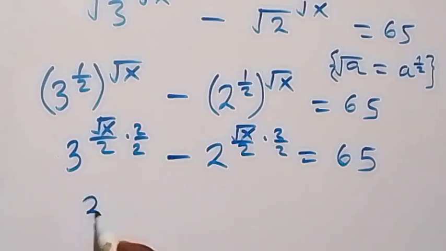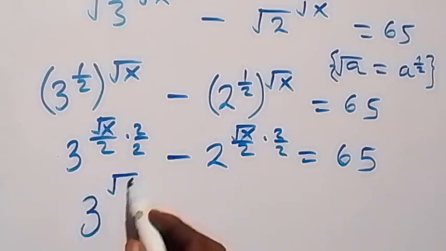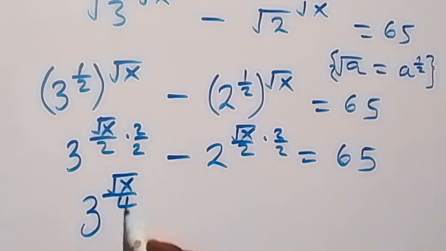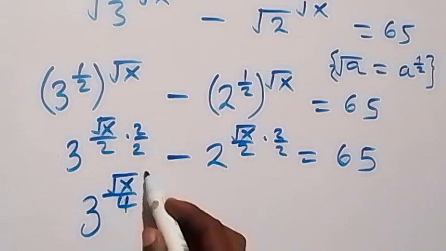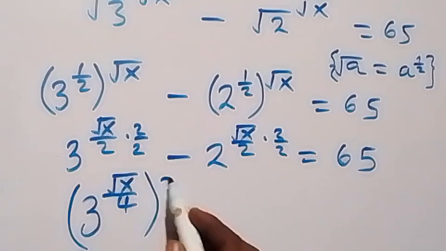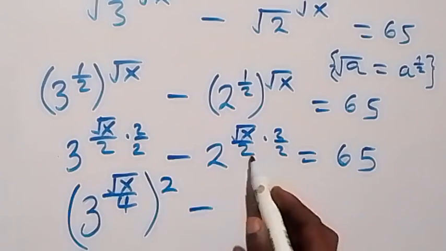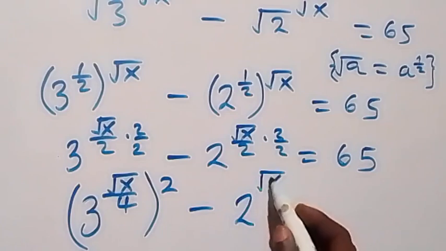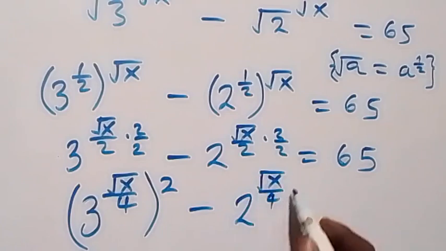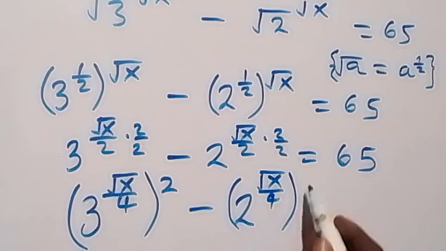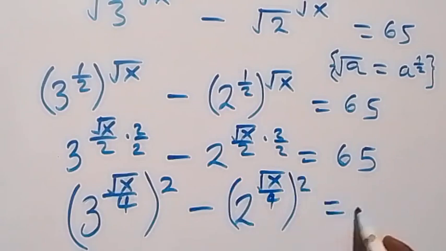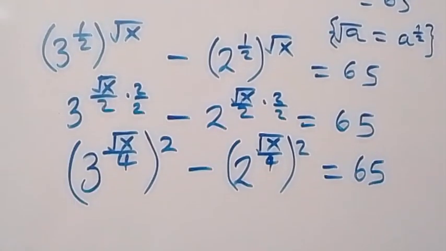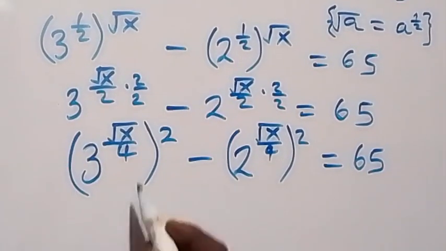So we have 3 raised to power root x over 4, then raised to power these 2, then minus also here we have 2 raised to power root x over 4, then raised to power these 2 here, then equals to 65.